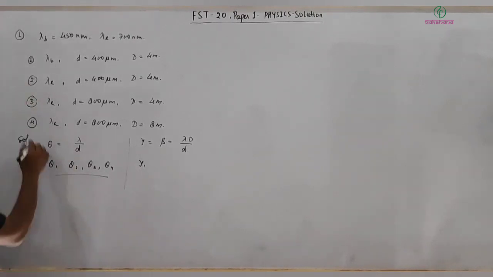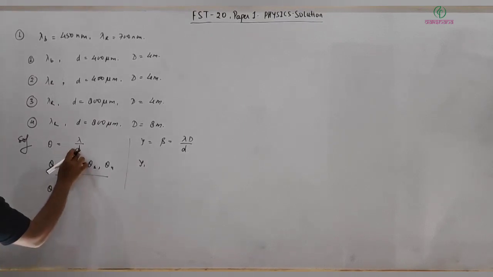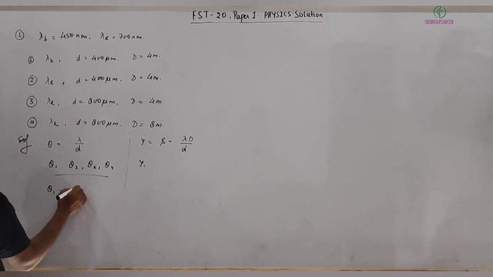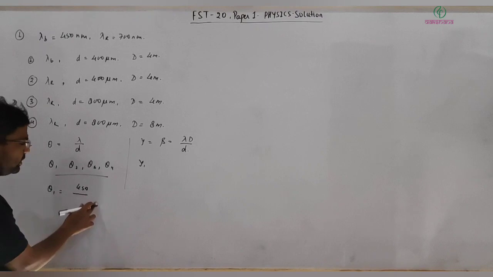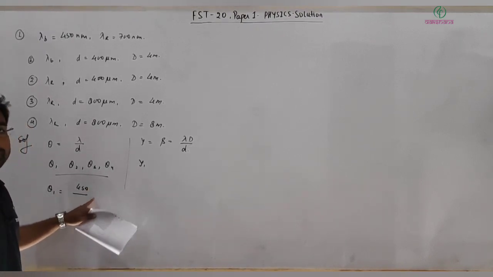We can write it easily. First, what is theta 1? Theta 1 is equal to lambda divided by small d. Lambda is blue, 450, divided by 400. I am not considering the units because the units will be the same for every case, so let's talk only about the magnitude.